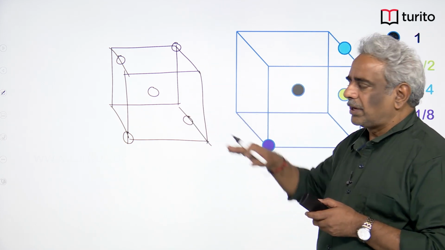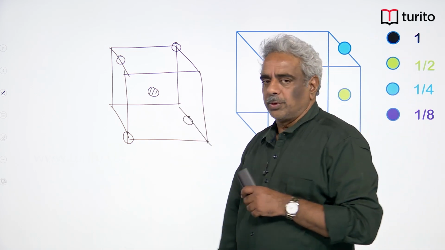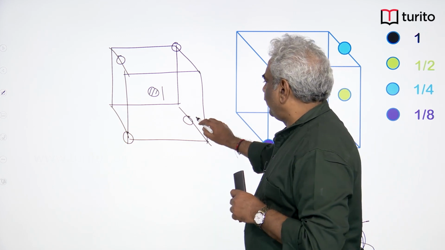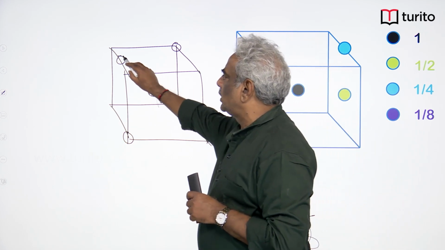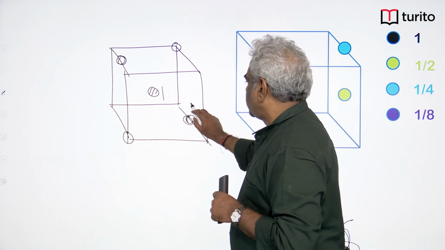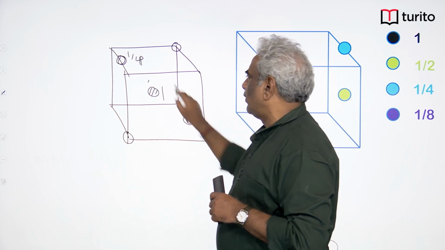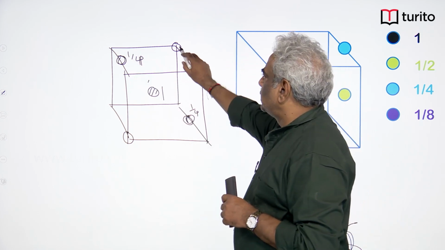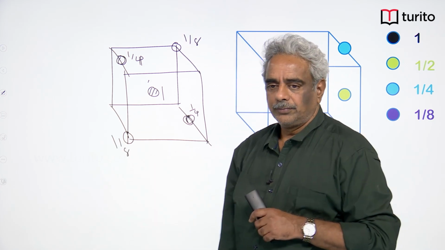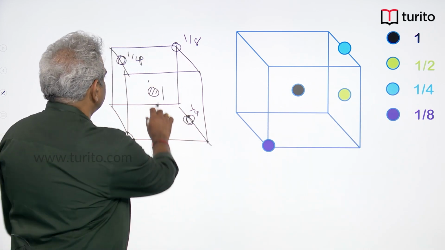So how many atoms are there? If you observe this, this is in the body center position. So you have to take 1 out of it, and this is on an edge, this is also on an edge. Edge contribution is 1/4. So this is 1/4, this is 1/4, and it is in the corner 1/8, corner 1/8 as per that reference.